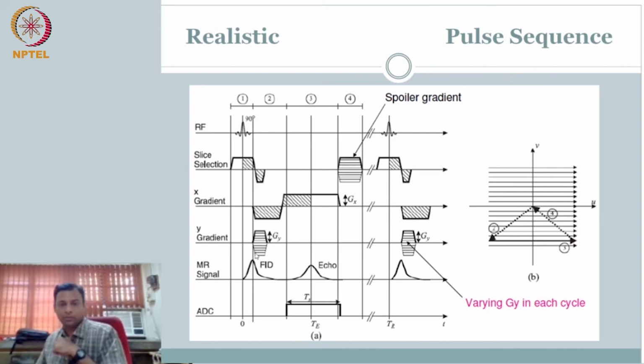Of course, just to demonstrate, this is one of the lines, right? You have repeated the line, so you got one of the lines, you are moving here, and then immediately thereafter you are applying the gradient and reading out. So you are starting from here, you are reading out. You repeat this for different v, right? You will have different lines. So this explanation you should be able to do.